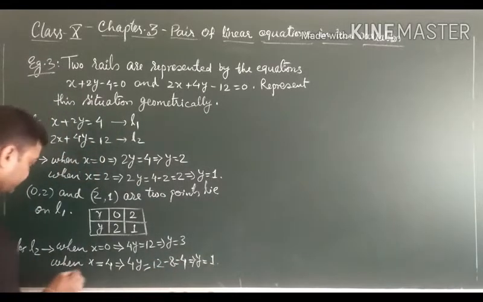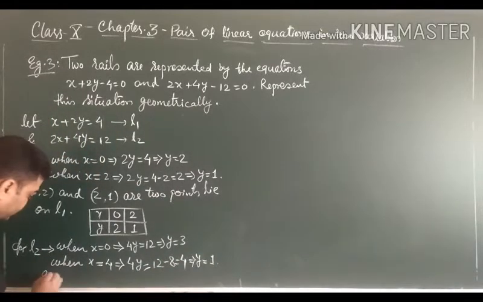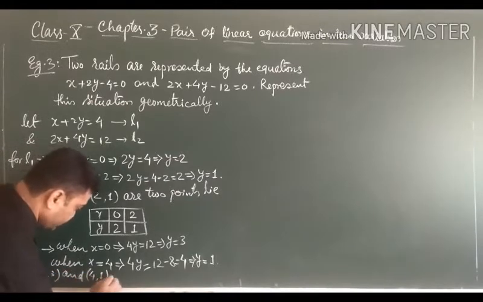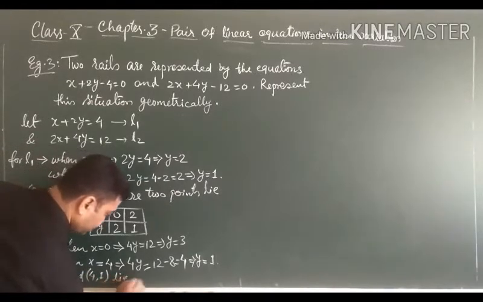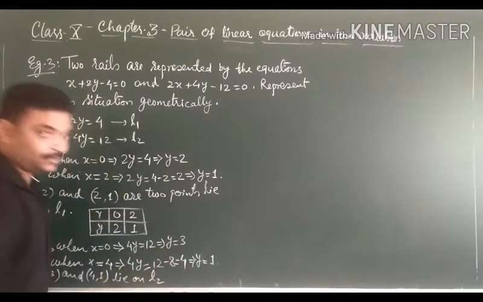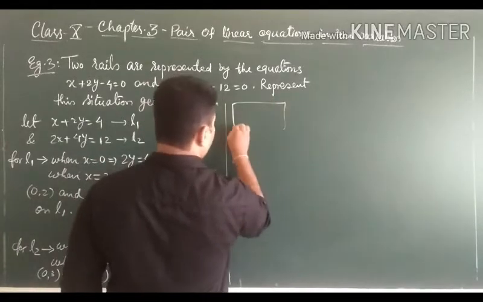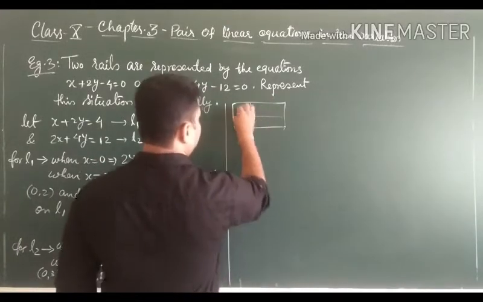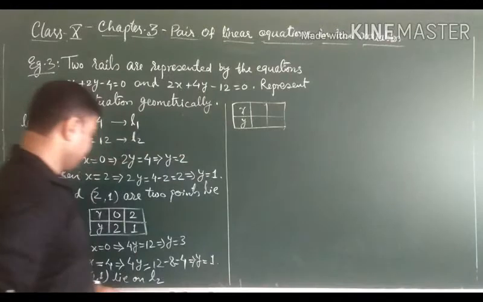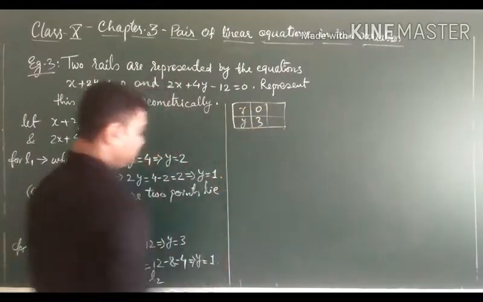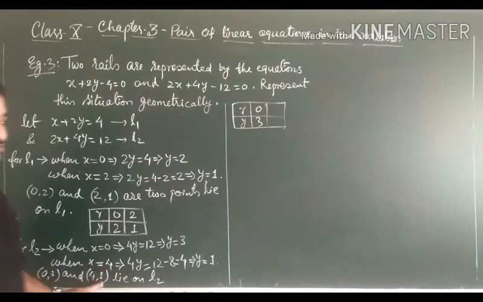So we can write (0, 3) and (4, 1) lie on L2. And for this, the coordinate box will be x, y: x is equal to 0, y is equal to 3, and x is equal to 4, y is equal to 1.